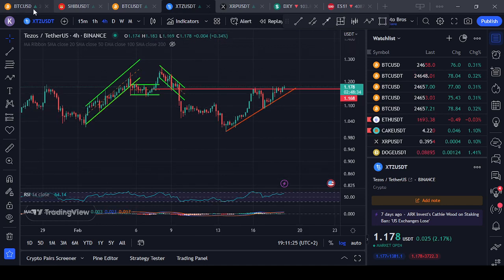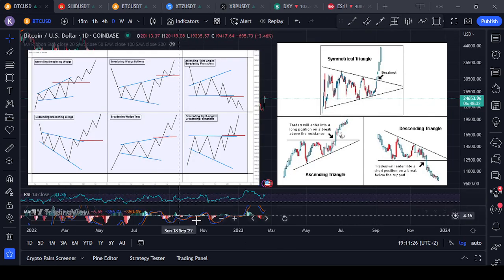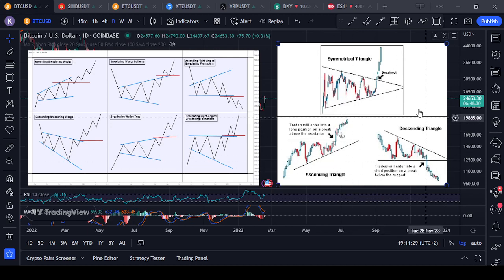So if we go a little bit to the charts, let's see the triangles and the broadening wedges. The symmetrical triangle has descending lower highs and higher lows, so we can see it's squeezing, and the breakout we measure by taking the widest part.